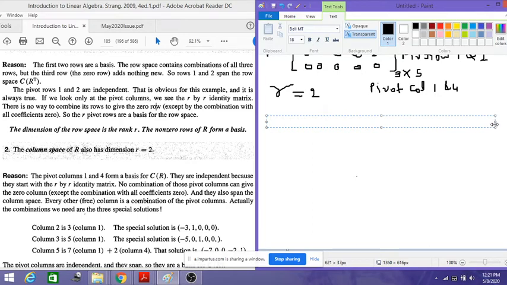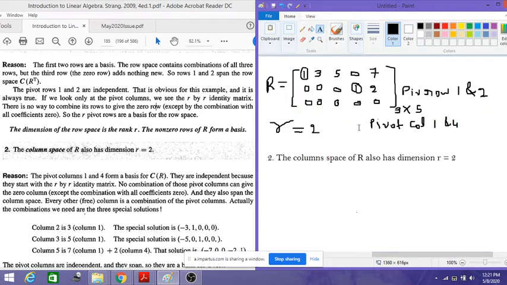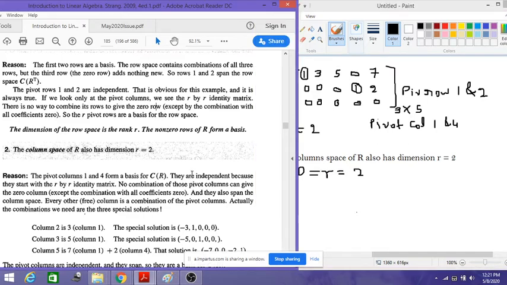Now the second point, the column space of R, also has dimension r equal to 2. There are 5 columns, out of which 2 columns have pivots, and the dimension is D equal to r, which is 2 itself.